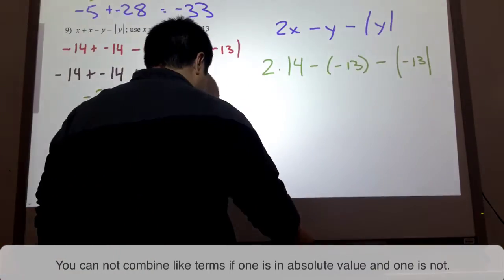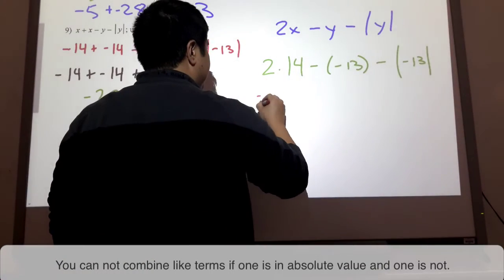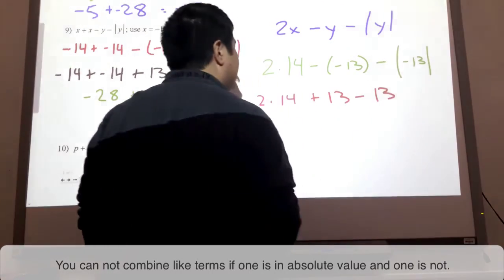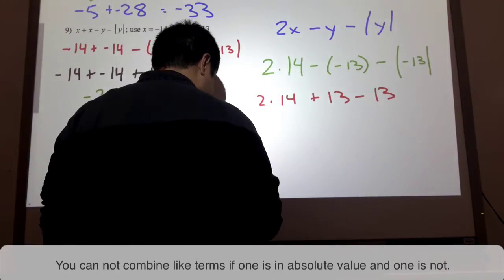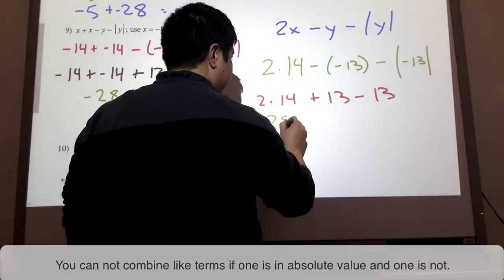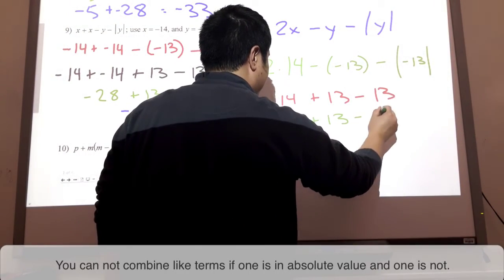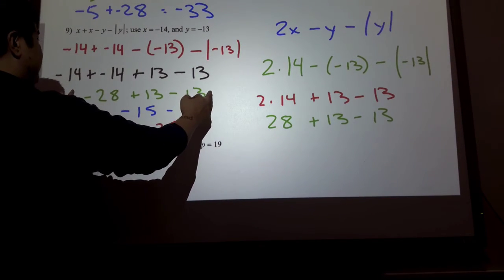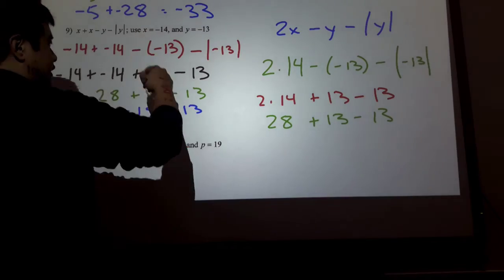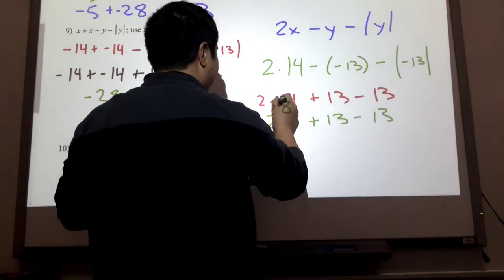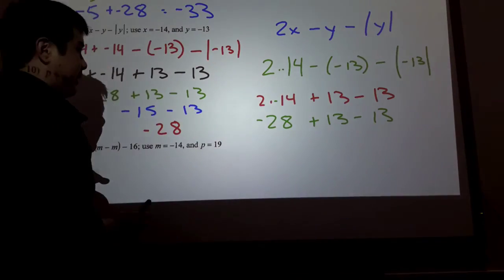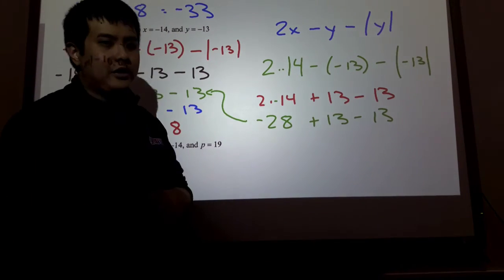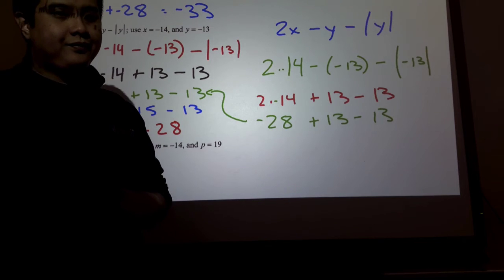Again, we change to the addition of the opposite. 2 times 14 plus 13 minus 13. This is 28, plus 13 minus 13, which gets us back to this one right here. Excuse me, this is negative 14. This is negative, negative, and negative. So that gets us back to this line right here, which then further simplifies down to negative 28.